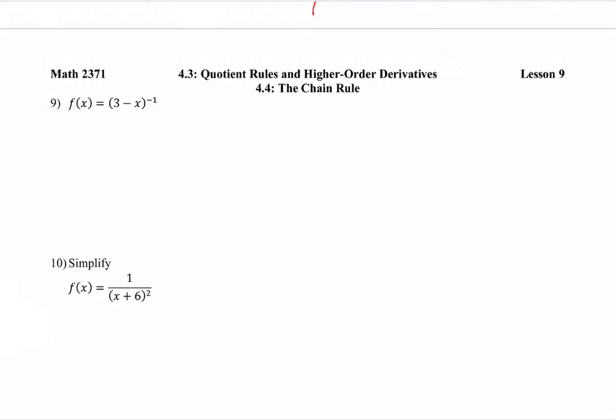So now let's look at number 9. So f prime of x equals negative 1 times 3 minus x to the negative 2, because negative 1 minus 1 is negative 2, times negative 1, which is the derivative of 3 minus x.